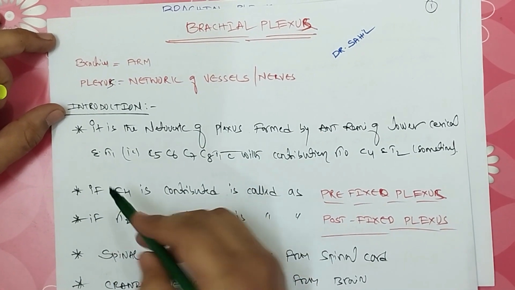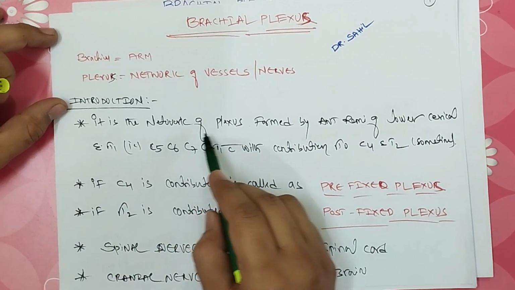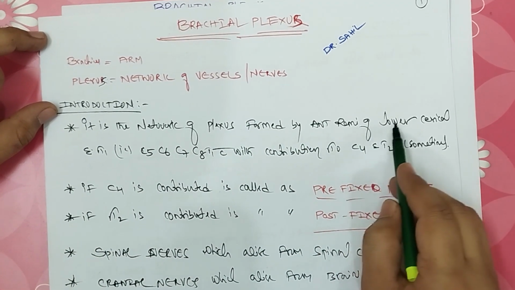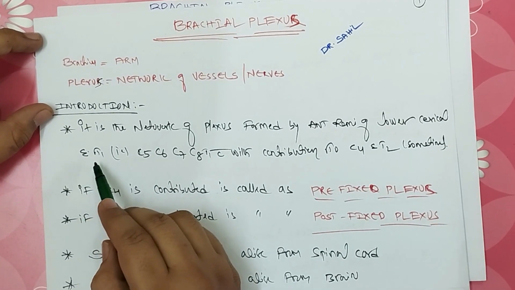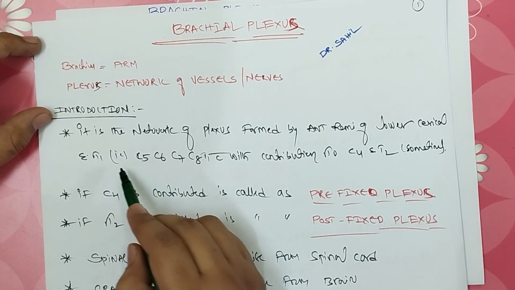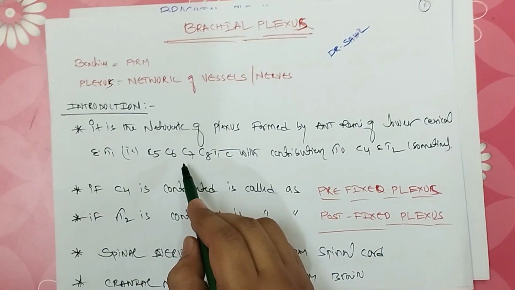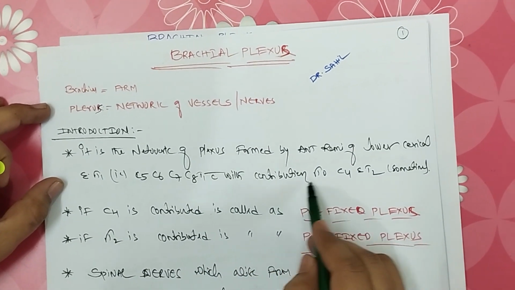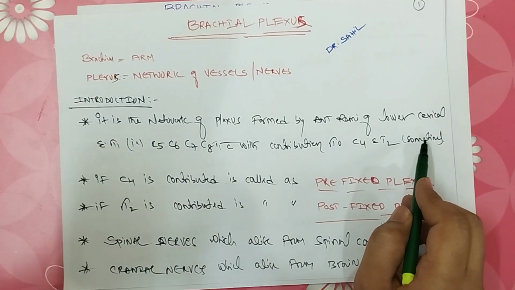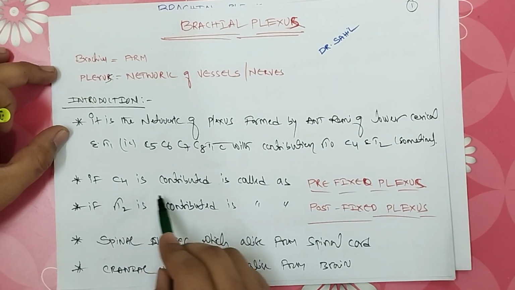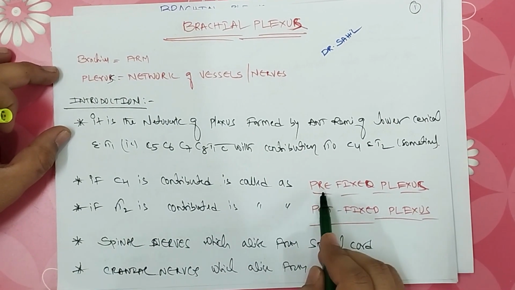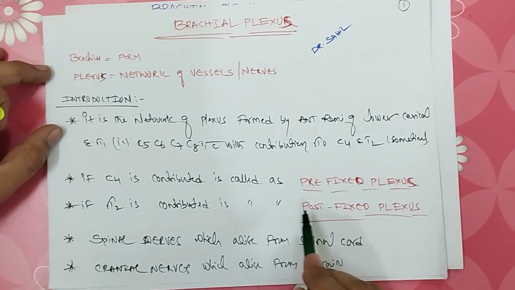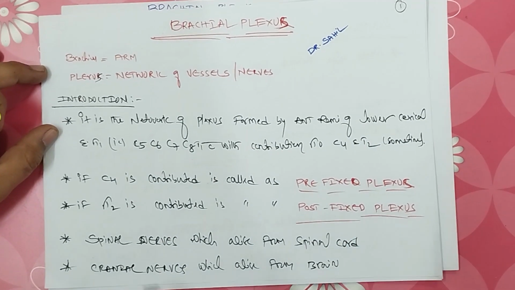Introduction: it is the network formed by the anterior rami of the lower cervical nerves and T1, that is C5, C6, C7, C8 and T1, with contribution from C4 and T2 sometimes. If C4 contributes, it is called a prefixed plexus. If T2 contributes, it is called a post-fixed plexus.